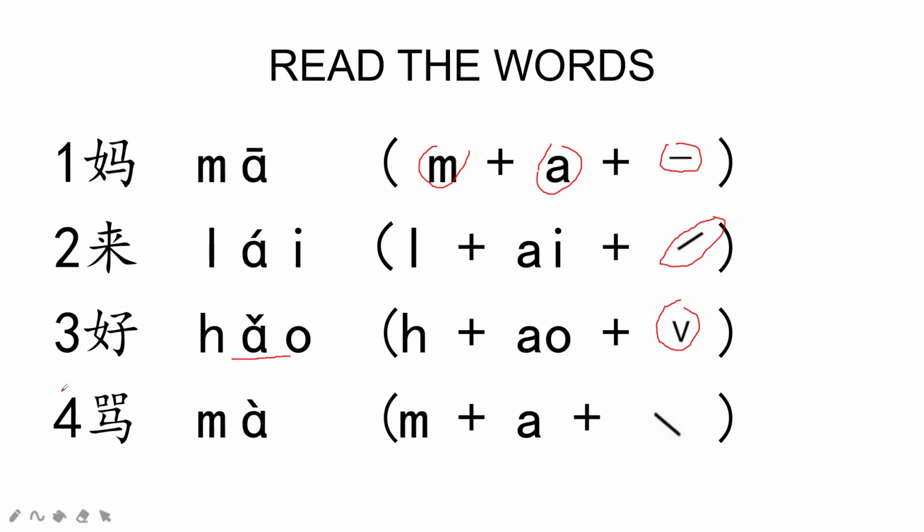And then the last one with the fourth tone. So this one, ma, right? The word ma with the fourth sound becomes ma. Ma means scolding. So we have 2 mouths here to scold people. Okay, so this is roughly how you read the Chinese pinyin.